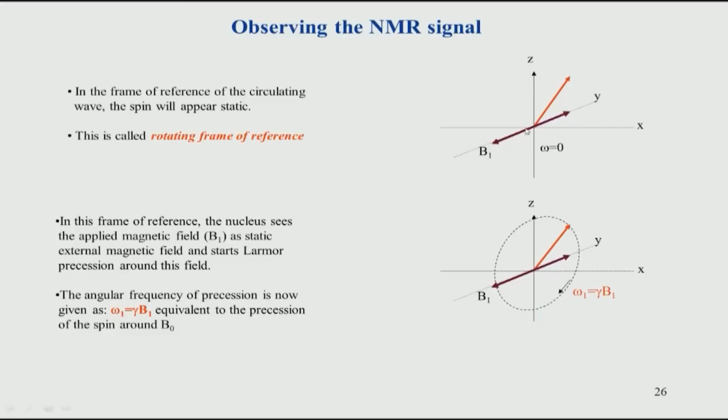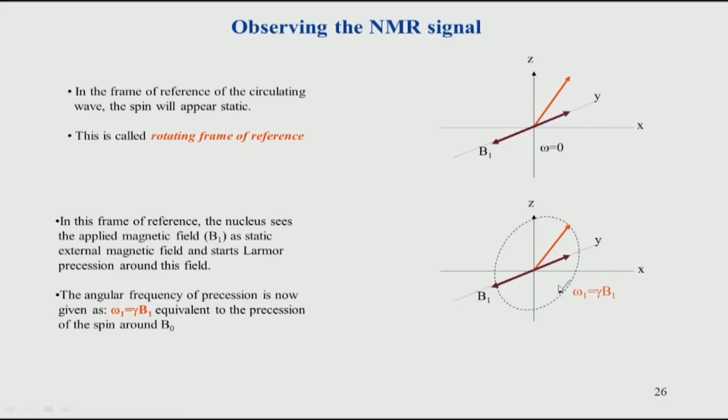So, the spins only look at B1, because B0 no longer appears to be there, and they start moving around B1.